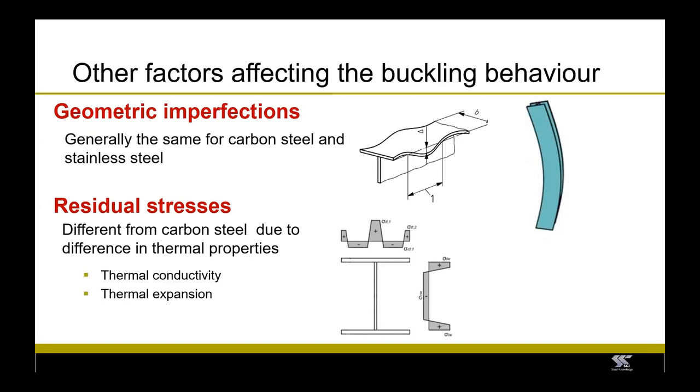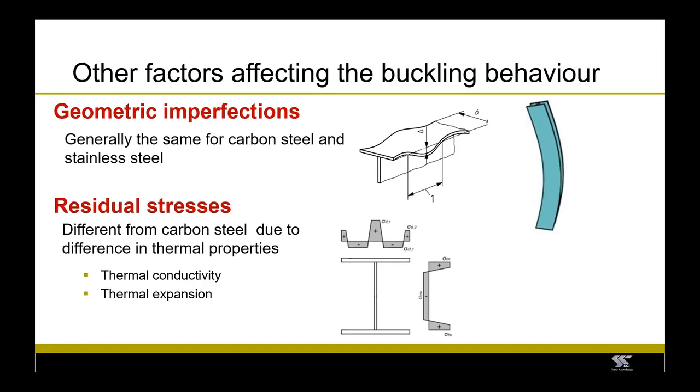As for the residual stresses, they are different for stainless steel than for carbon steel because of the difference between their thermal properties. So the main thermal properties that affect the residual stresses are the thermal conductivity and the thermal expansion, which tend both to be larger for stainless steel than for carbon steel.